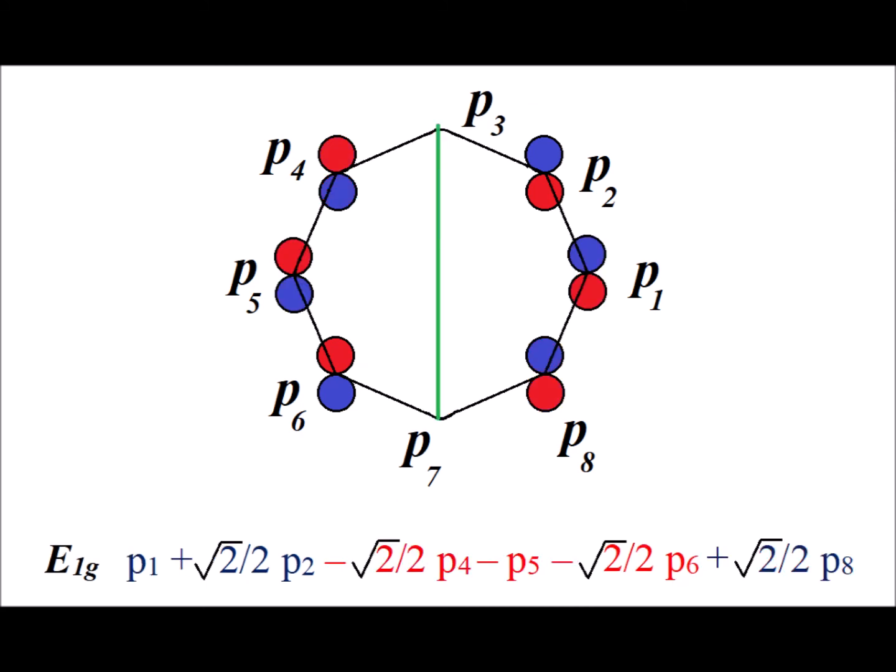Here is the partner, the second E1G orbital, and notice that it has one node as well. So if you do a calculation and you have degenerate pairs and you get a different number of nodes, that is a mistake. If they're degenerate orbitals, they have the same energy, so they will have the same number of nodes as well.